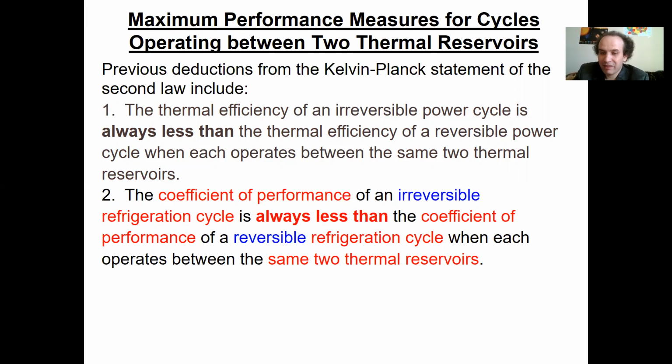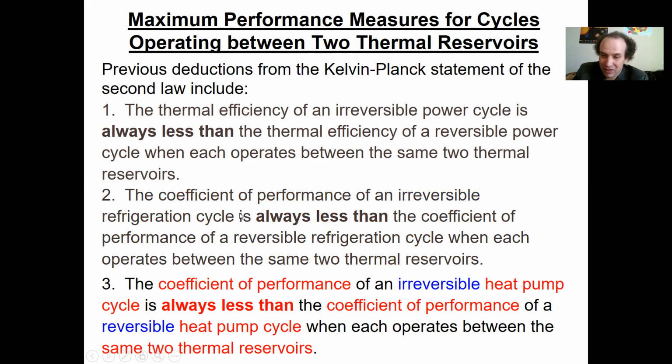Do you believe me with this? And the same for a heat pump? And that all reversible heat pumps operating between the same reservoirs will have the same efficiency, and it will be the maximal efficiency? Right? And all other heat pumps and fridges will work at lower efficiency.